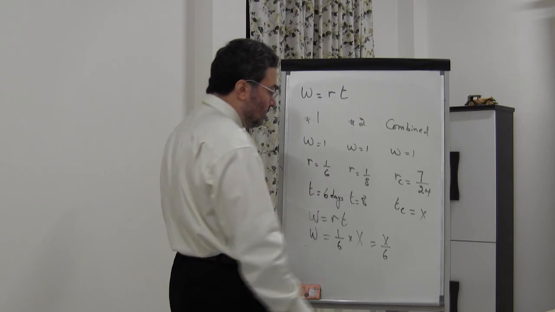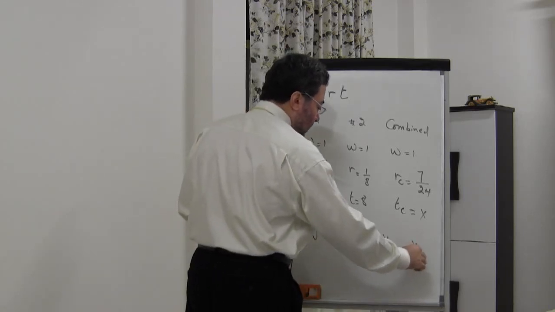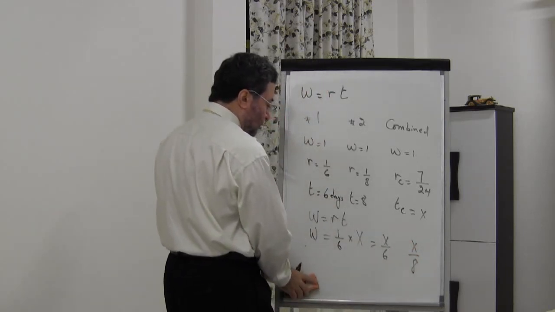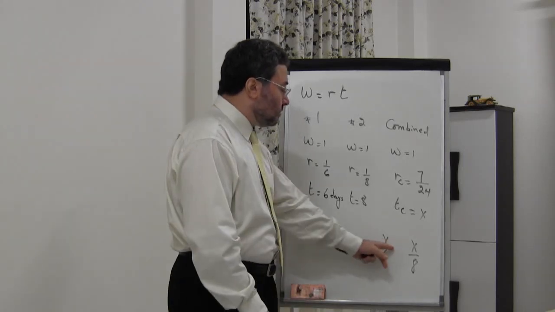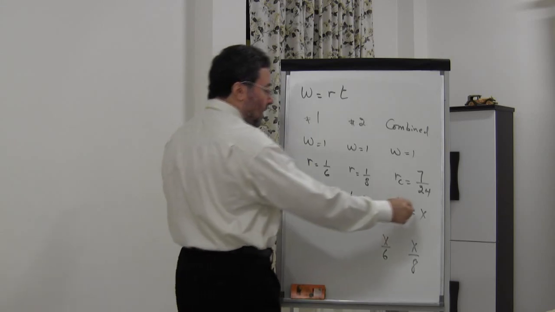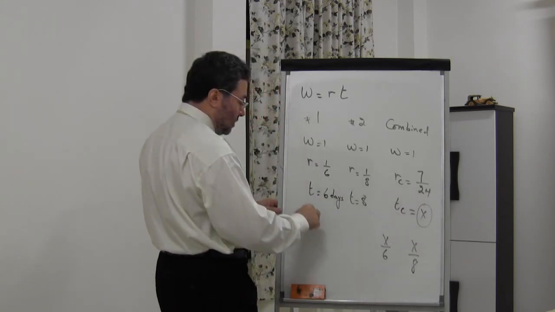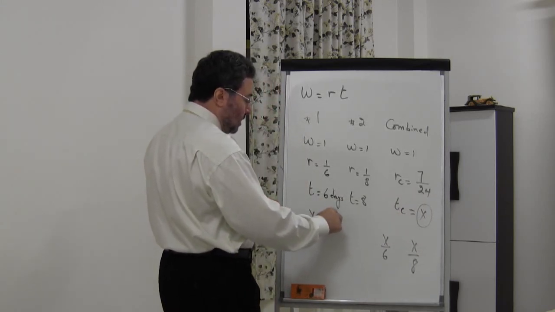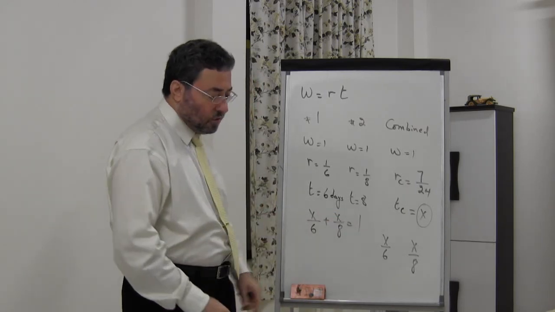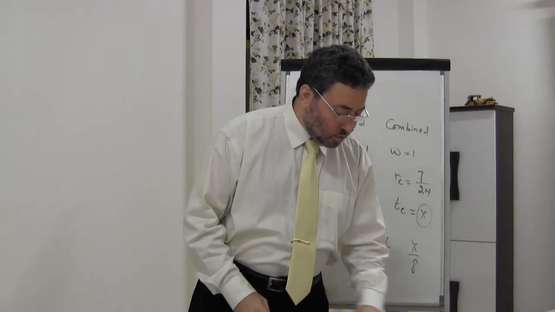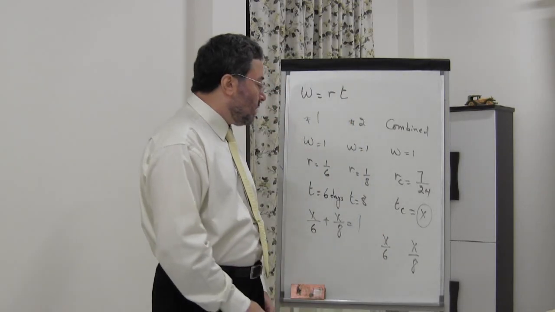The other guy the same, he will finish X over 8. Together, they will finish one job in that time. So X over 6 plus X over 8 equals 1. And if you solve this as they have done in the book, you're going to get the same answer as we did before.